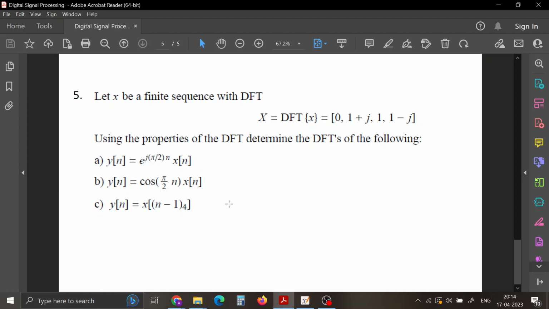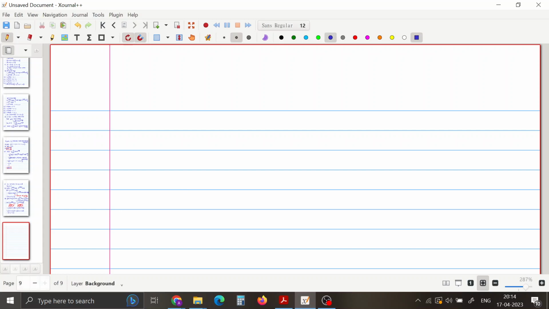So on taking its DFT, it will go to the original DFT, cap X of k, multiplied by e power j 2 pi k l by cap N. So here the DFT will undergo a complex exponential multiplication. We'll use that property here.